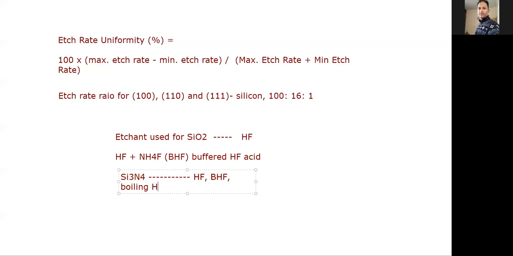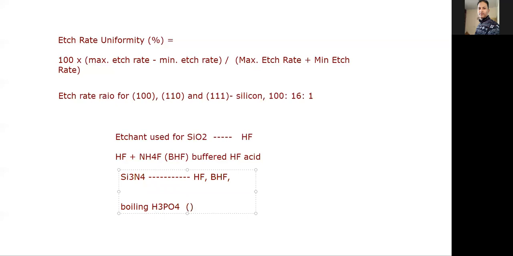I am not very sure, but I guess it is phosphoric acid; you may Google it. So you can use either hydrofluoric acid, buffered hydrofluoric acid, or boiling phosphoric acid.